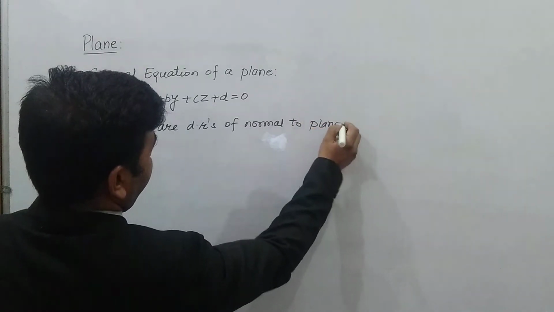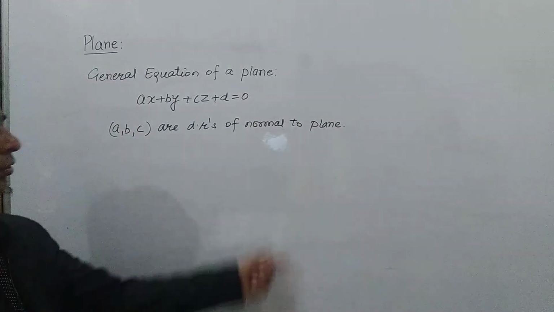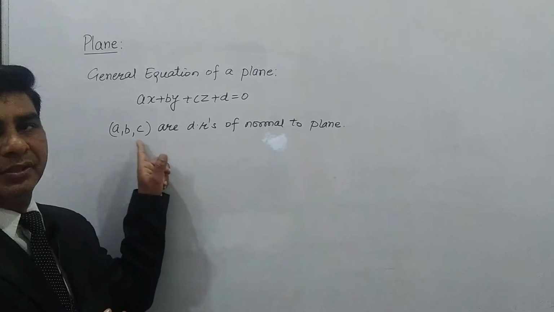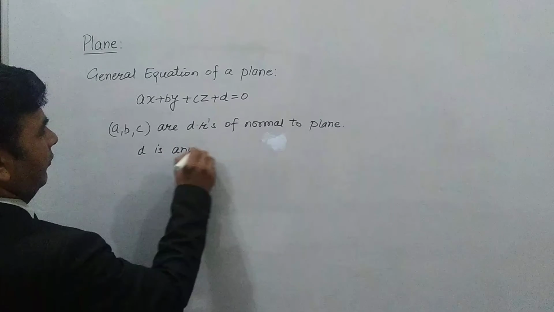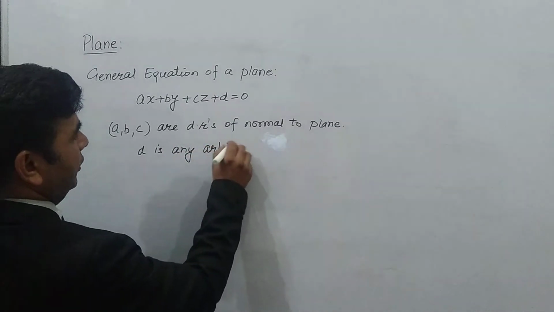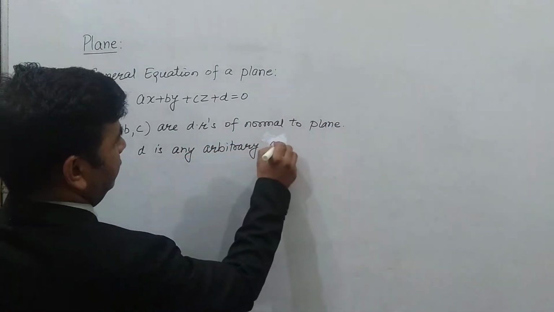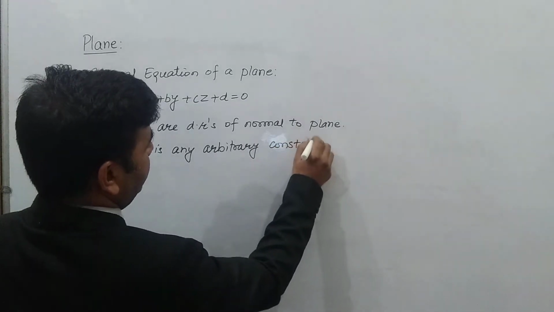Any plane, any surface to which a normal vector is given, whose direction ratios are a, b, c, and d is any arbitrary constant.